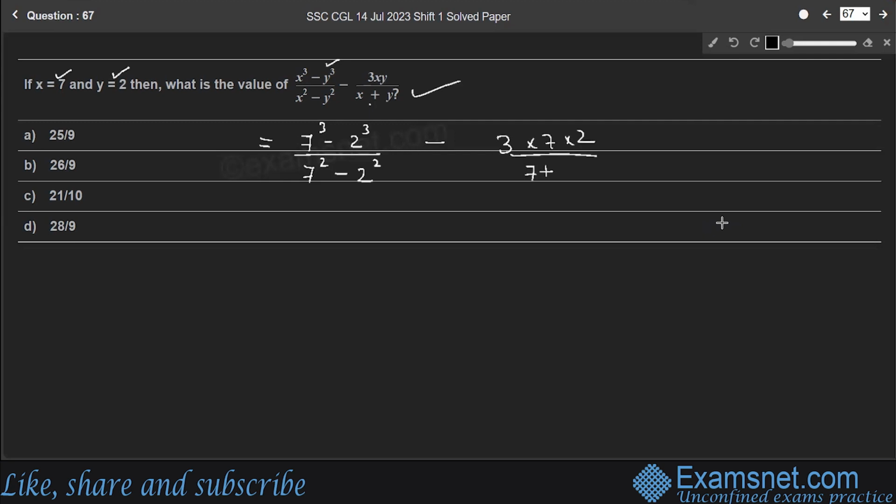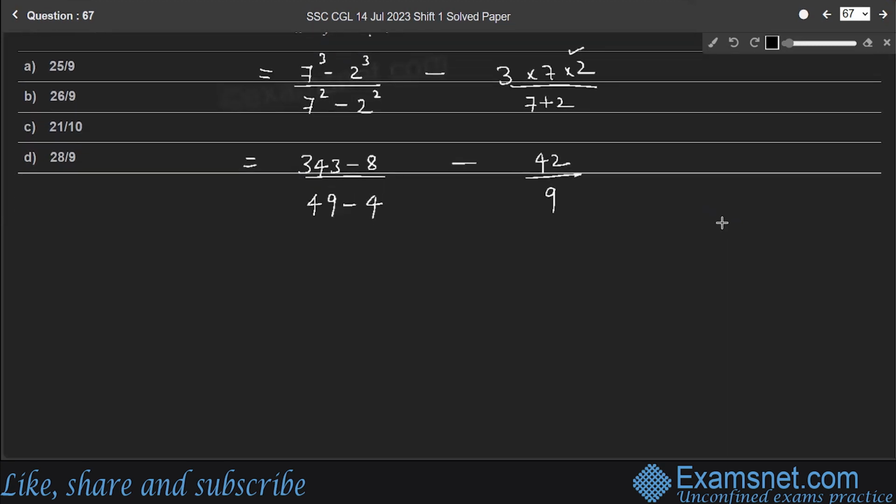7 cube is 7 into 7 into 7, which is 343, minus 2 cube is 8, divided by 7 square is 49 minus 4, minus 7 into 2 is 14, into 3 is 42, by 9.